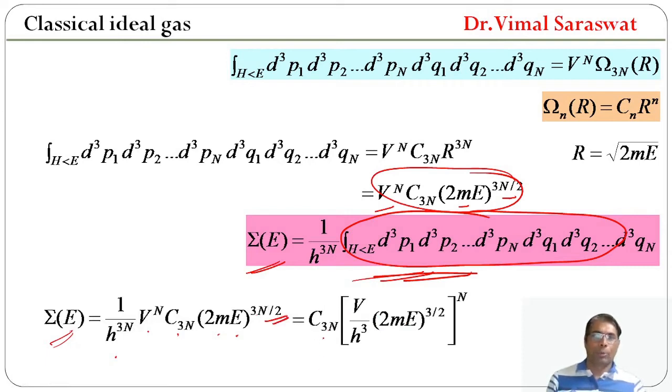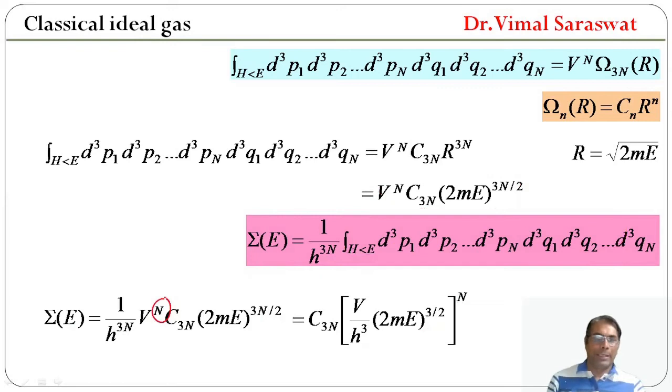And this will be equal to C3n (V upon h cube)(2mE) power 3/2, whole power n. So n from here, also from here, and also from here, we take whole power n. So sigma E equal to [C3n (V by h cube)(2mE) power 3/2] whole power n.